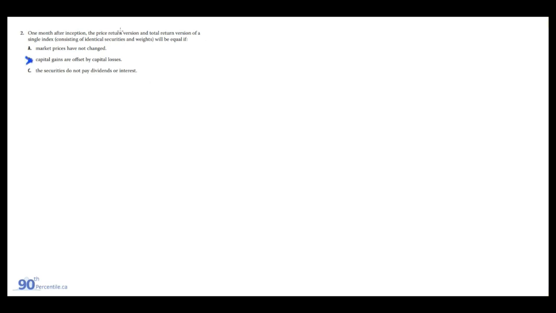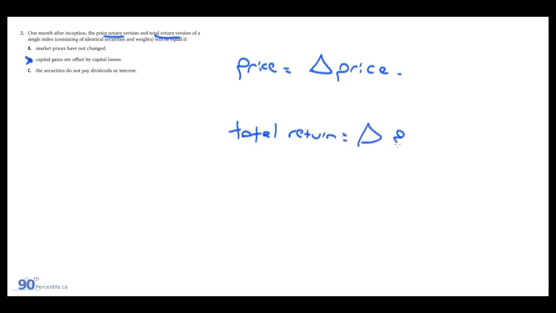No. When they're asking about the price return version and total return version, the key difference is that the price version of an index is only concerned with the, not percentage, but just change in the security's price. And the total return has to deal with the change in price as well as any income or dividends received.